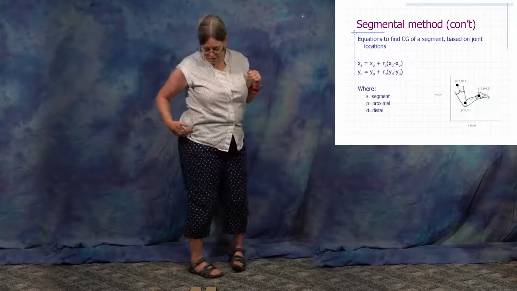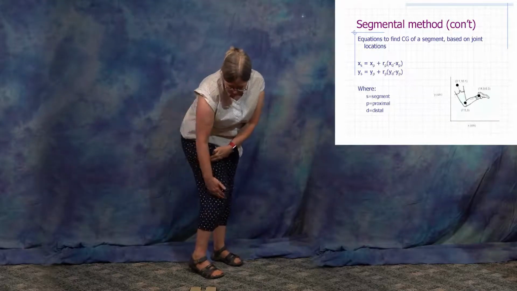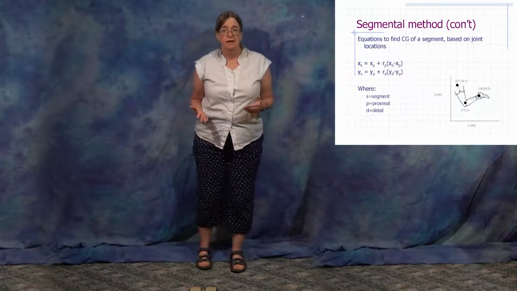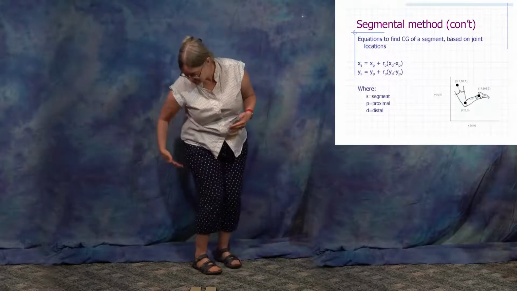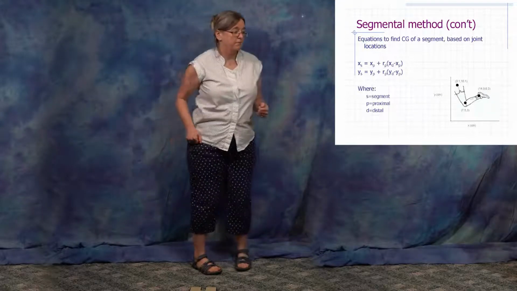So you go there and then you add onto it the fraction of this distance. Same thing with Y. So in one case it's the X coordinate, and once it's the Y coordinate.